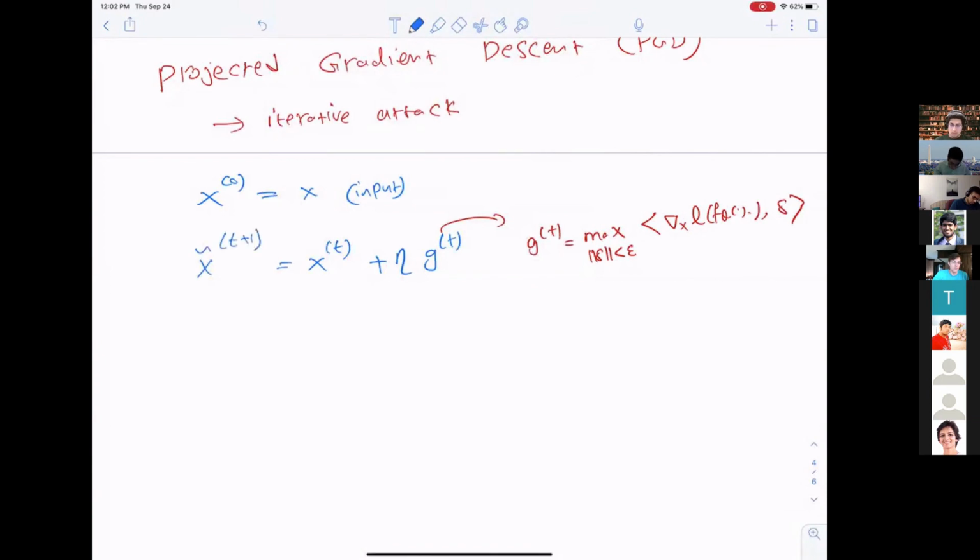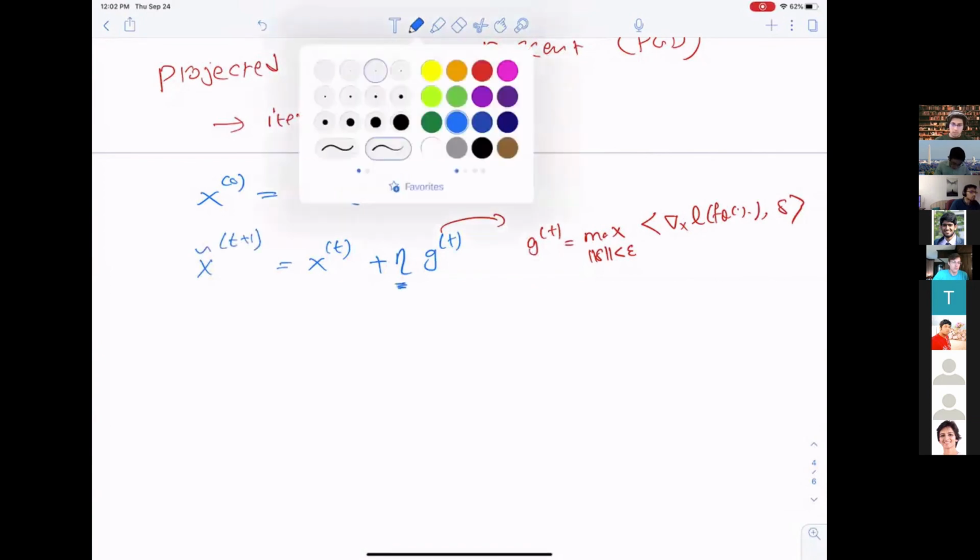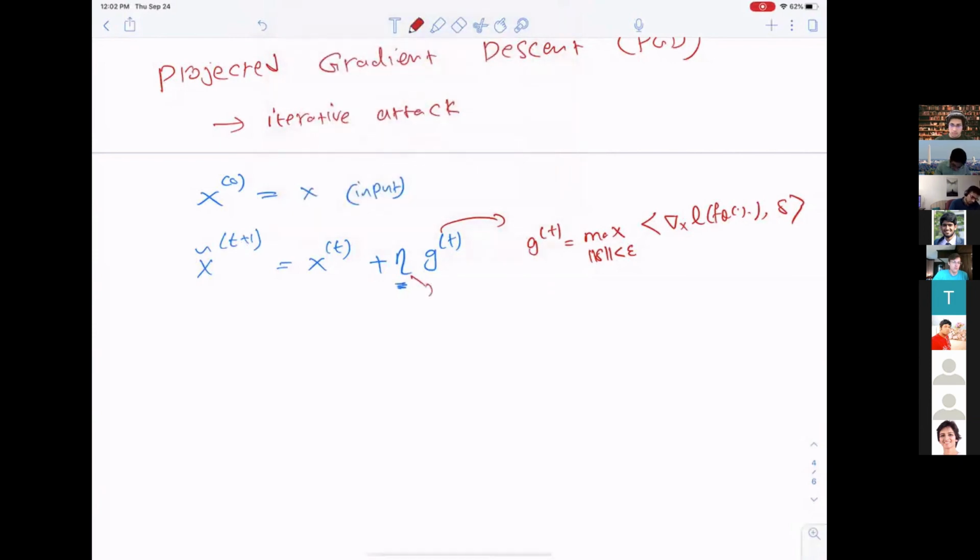But when we are adding, based on this step size that we have, we may violate the constraint that X tilde, the adversarial example, should be within an epsilon ball of my X. So what I'm going to do next, I'm going to project. So there will be a projection.